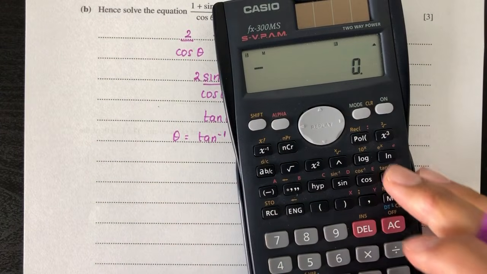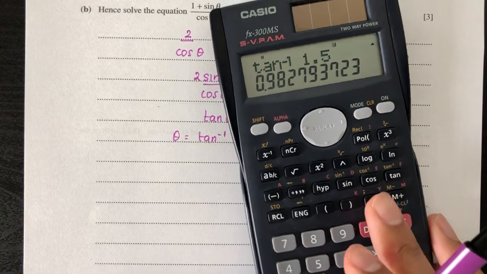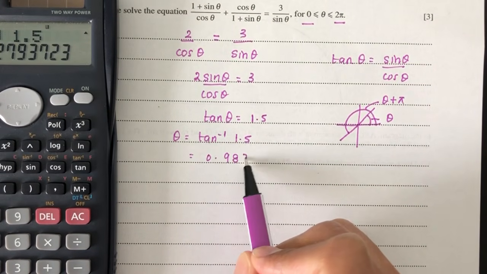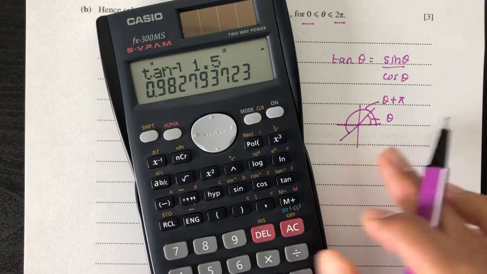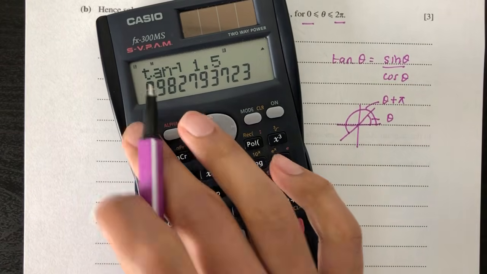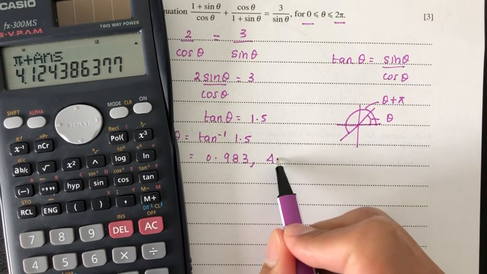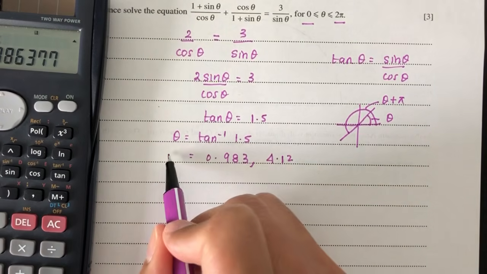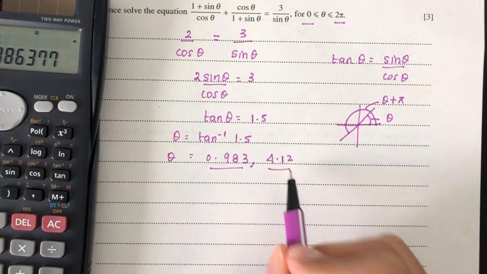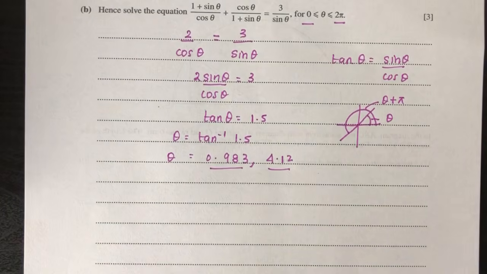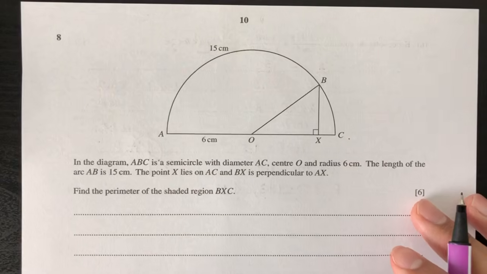So tan inverse of 1.5, that will become 0.983. Now for the other one, it will become pi plus answer, that will become 4.12. So these two will be the values for theta for this domain of this equation. And this is question number 7. Let's move on to question number 8.